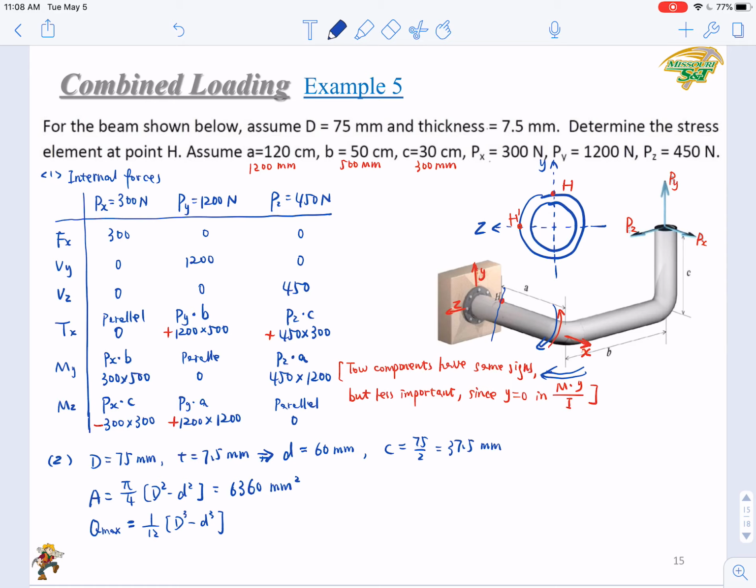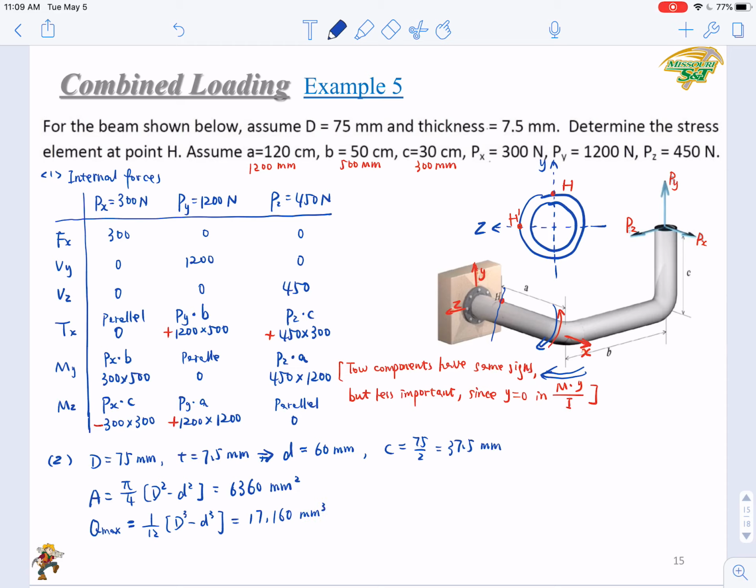Go back to check this equation, and more importantly, how to determine the t in VQ over It, how to determine that t value there. Just go back and look at those slides. This result here will be 160.